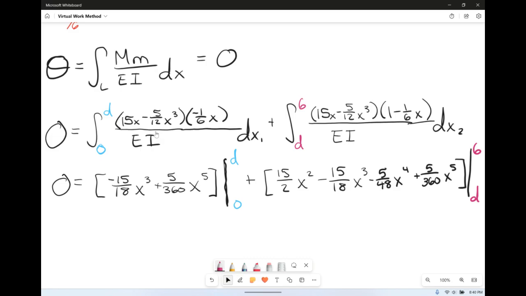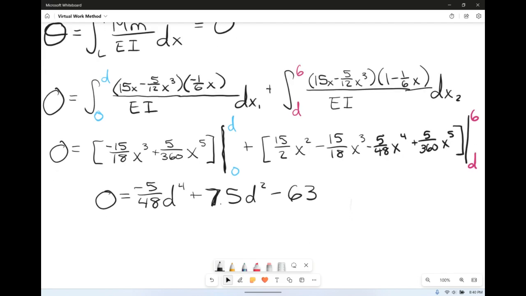So when you solve for this, you're going to get a fourth degree polynomial. So 0 is equal to negative 5 over 48 d to the fourth plus 7.5 d squared minus 63.